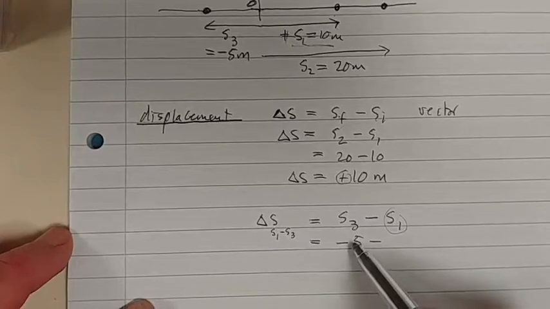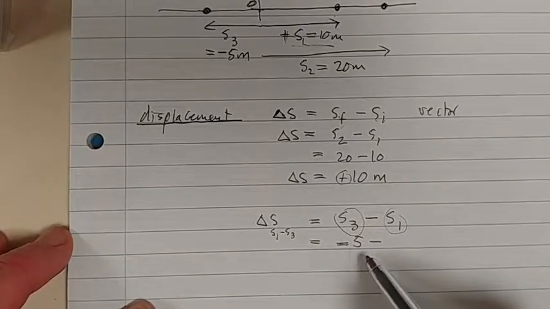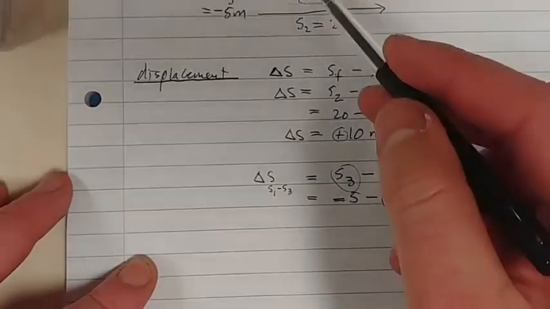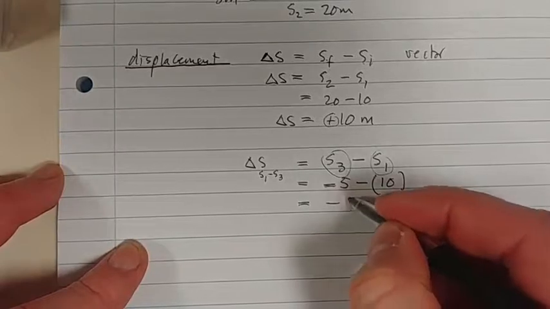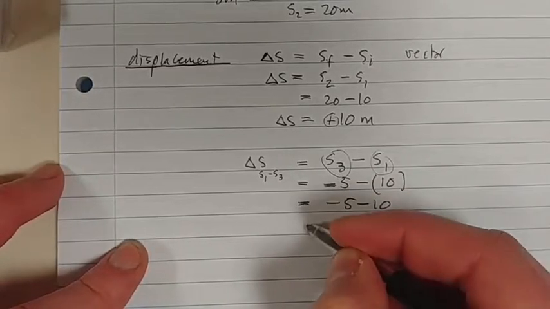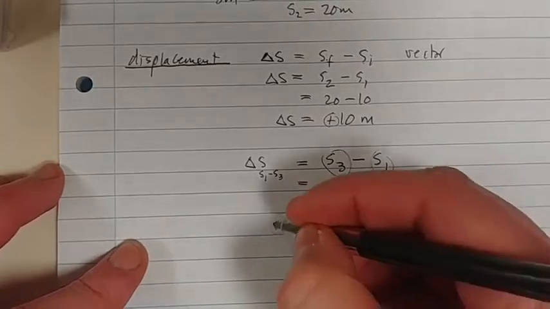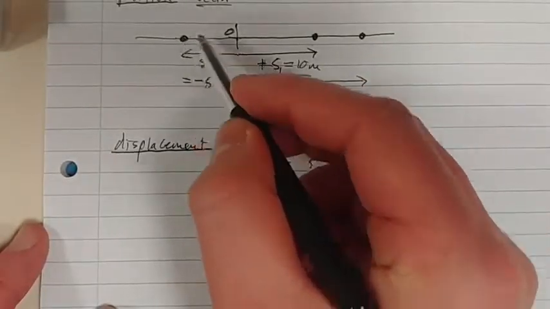Remember, these are vectors. You have to take into account the direction. So we're going to have minus 5 minus 10 equals minus 15 meters. That's my change in position. Does it make sense? That was my beginning position. I moved minus 15 to get to position 3.